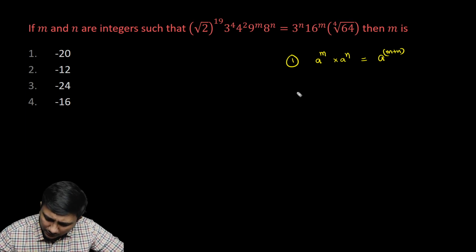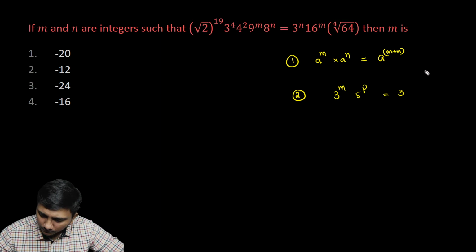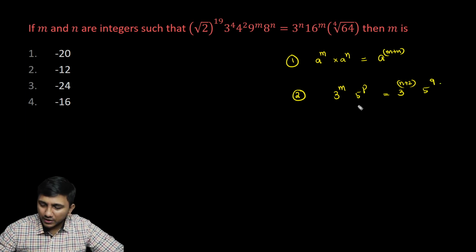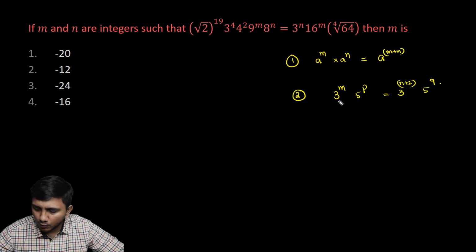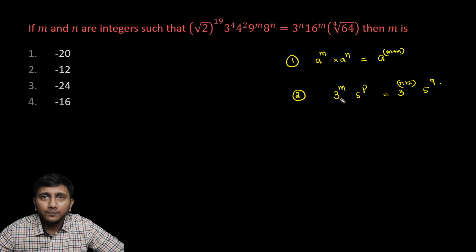The other one that is being tested here is if I have, let's say, 3 to the power m into 5 to the power p is equal to 3 to the power n plus 2 into 5 to the power 9. Now in an expression like this, where you only have prime numbers raised to some powers on both left hand side and right hand side, I've got two prime numbers here, 3 and 5.